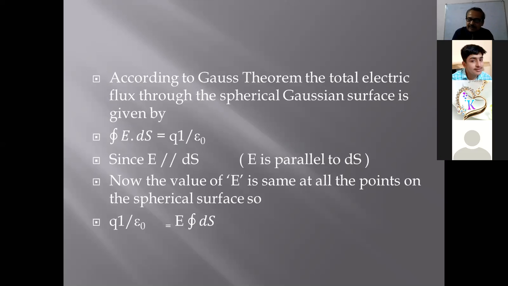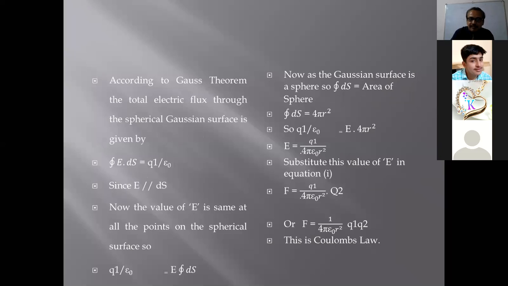What is ds? The surface is the sphere. So the area of the sphere, that means curved surface area, is 4 pi r square. So when you put this value, what do you get? Q1 by epsilon naught is equal to E times 4 pi r square.